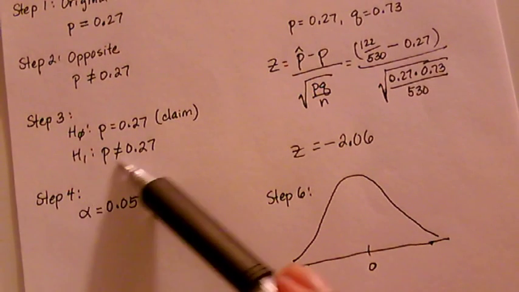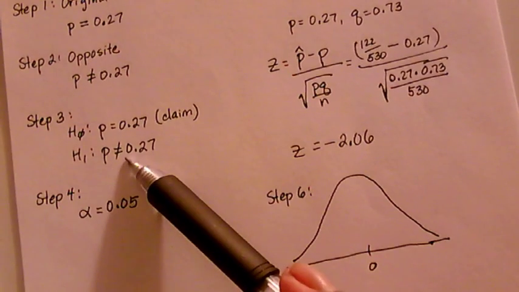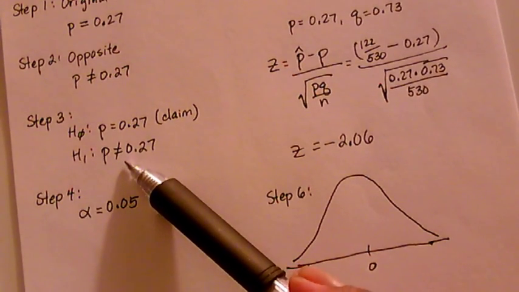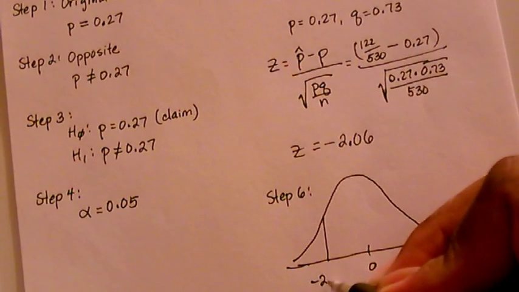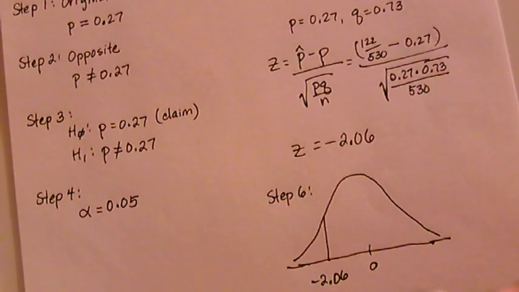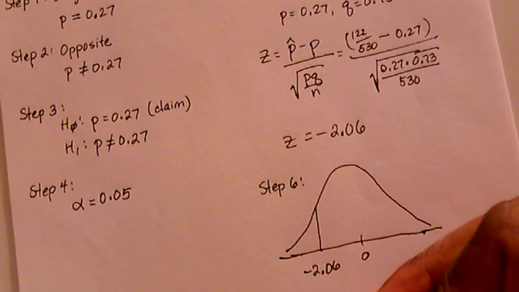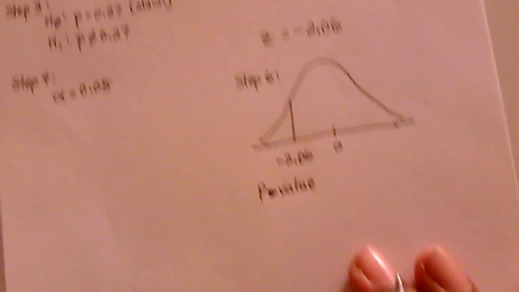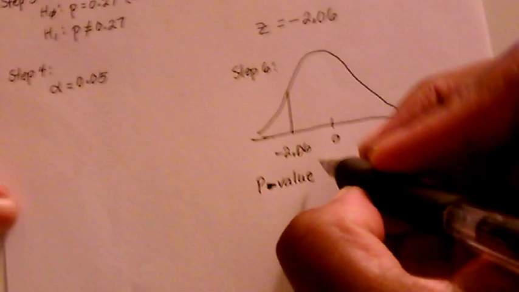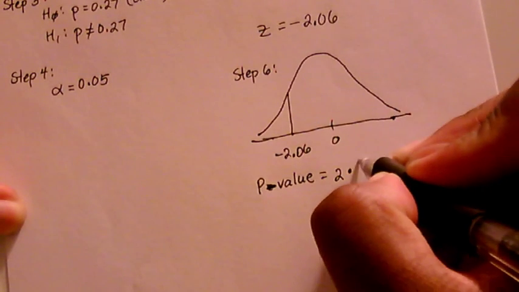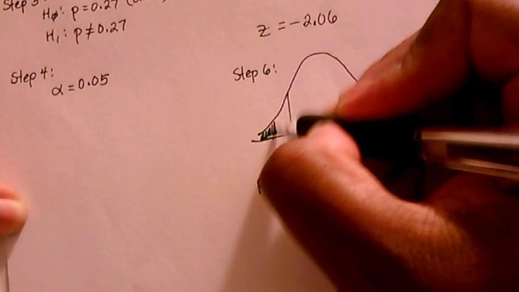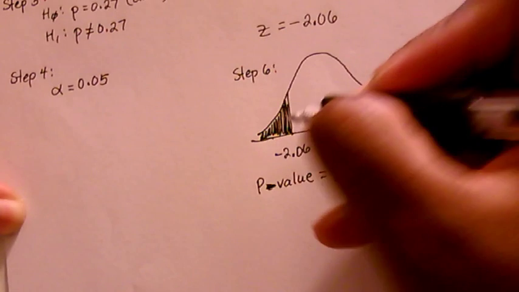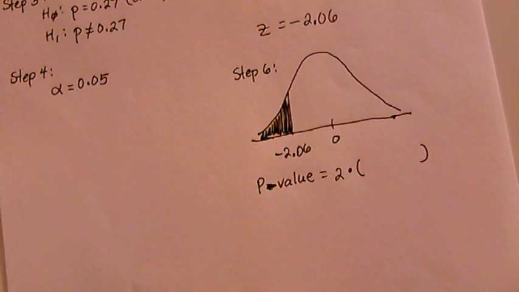Well, by looking at your alternative hypothesis, you got not equal to, so that tells me it's a two-tail test. So when I do the p-value, that p-value is going to be equal to 2 times whatever that area is to the left. That's this shaded area beyond the test statistic.